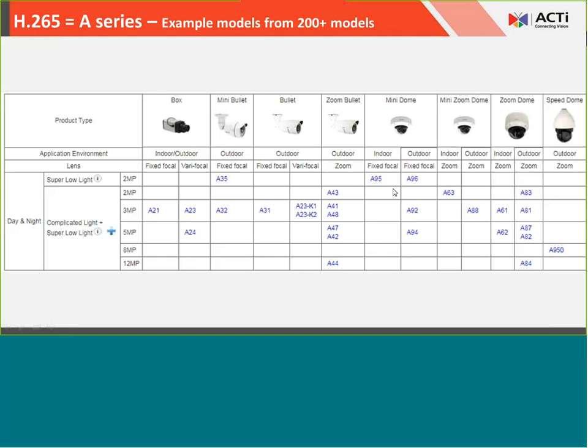So we've got pretty good specs here and pretty attractive pricing in the mini dome series. We can discuss the pricing. I'm sure, Eric, you also received the latest price list.